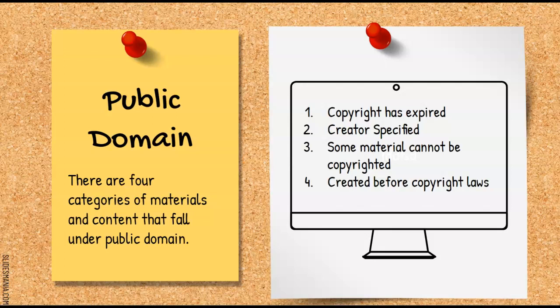Again, think of some work like Shakespeare that was created before there were copyright laws. So any materials or content that was created before copyright laws is not protected by copyright and therefore considered public domain.